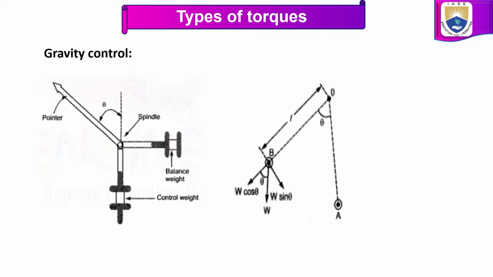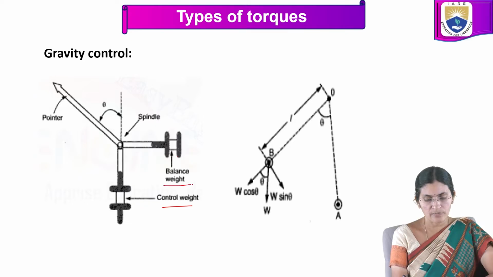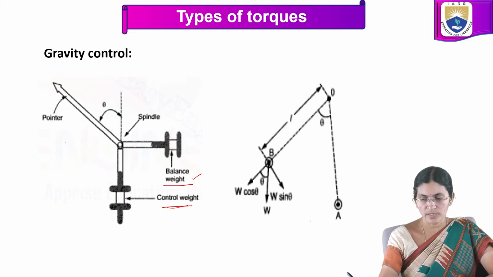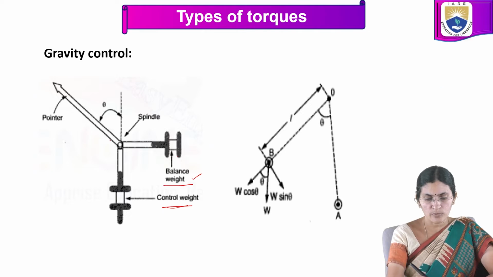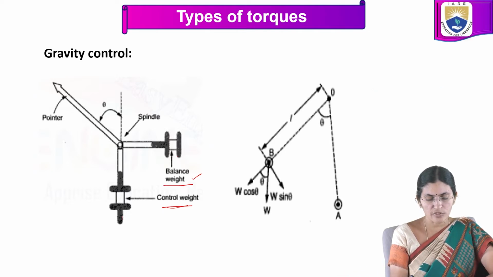In gravity control, in addition to the balance weight, we have an additional weight called the control weight. The balancing weight is also available for the spring control system, so the additional weight we have is the control weight. In the absence of deflecting torque, the pointer is at rest at zero position, and this is the position of the control weight.